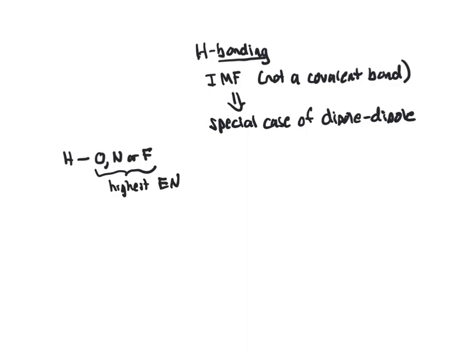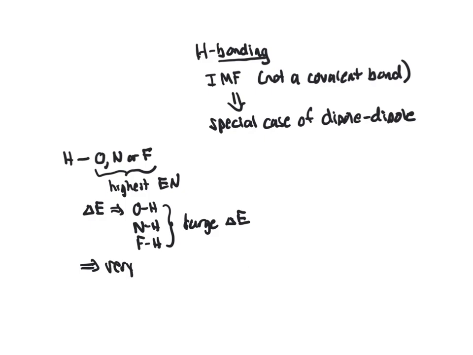And so that means that the difference in electronegativity between oxygen and hydrogen, nitrogen and hydrogen, or fluorine and hydrogen is large. So there's a large difference in electronegativity. That means that we have a very strong, very large dipole moment for that bond.